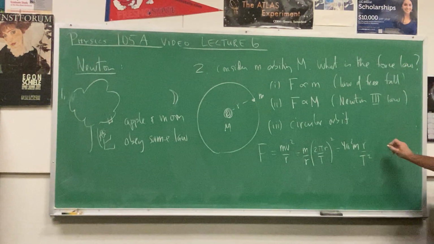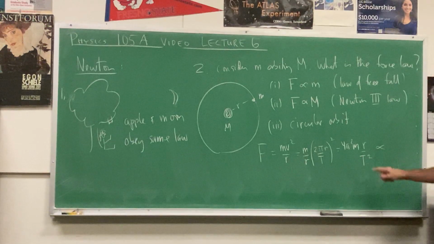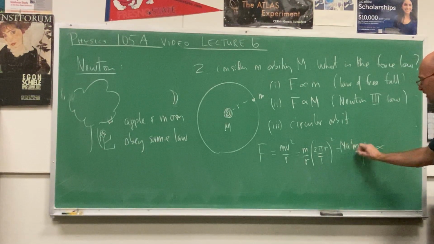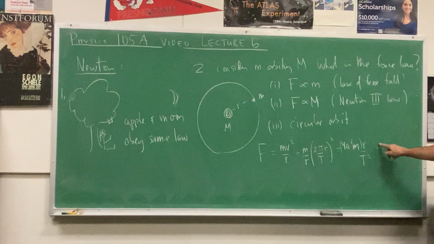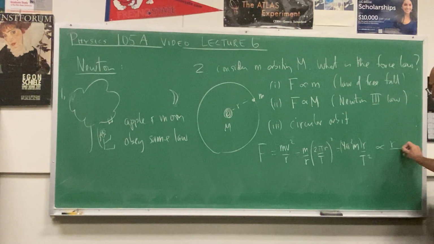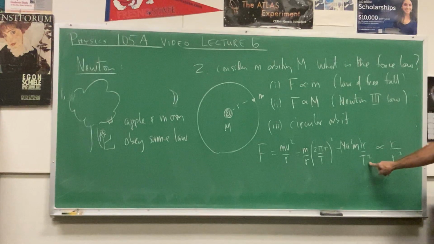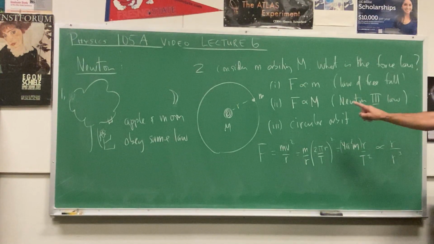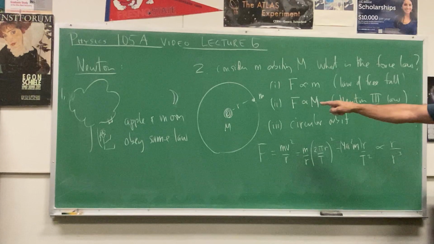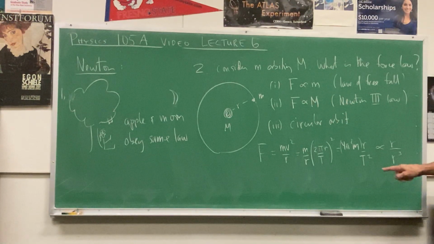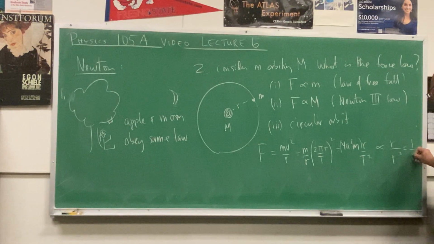But this is proportional to, let's ignore the 4 pi squared m, r over r cubed, namely by Kepler's third law. So that's where Kepler's third law came into the analysis. Proportional to r over r cubed, which is, of course, 1 over r squared.